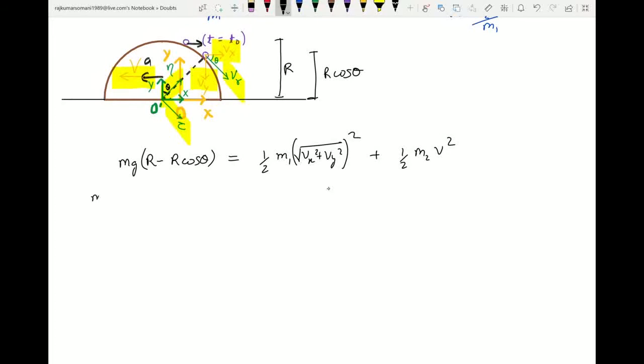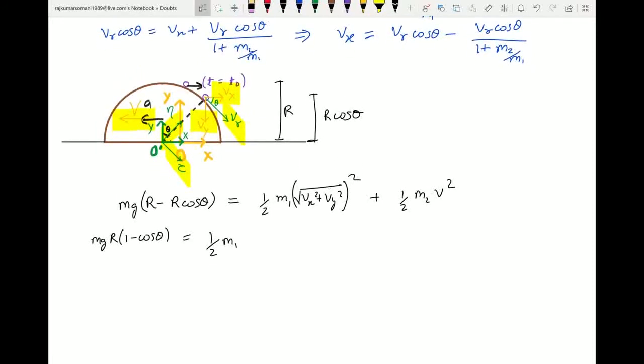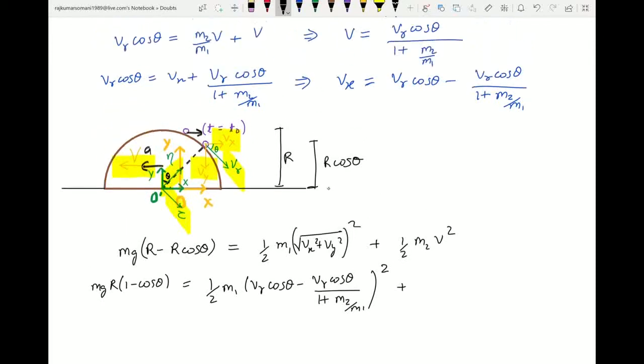So the left hand side remains the same, m1 g r times 1 minus cos theta is equal to half m1 times Vx, which is Vr cos theta minus Vr cos theta divided by 1 plus m2 divided by m1, whole square, which is Vx square, plus Vy square.